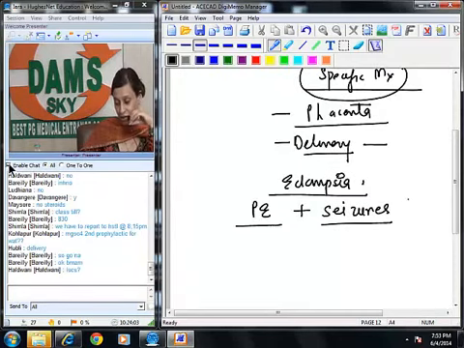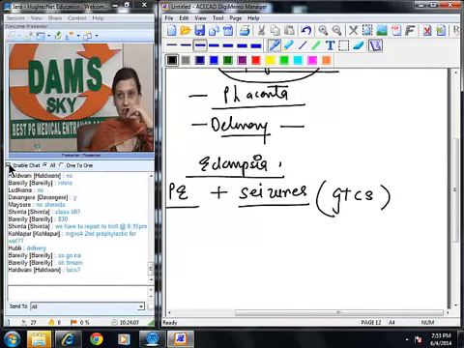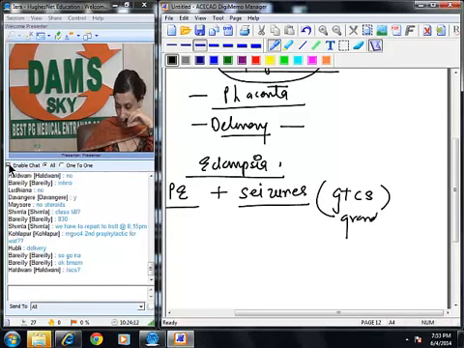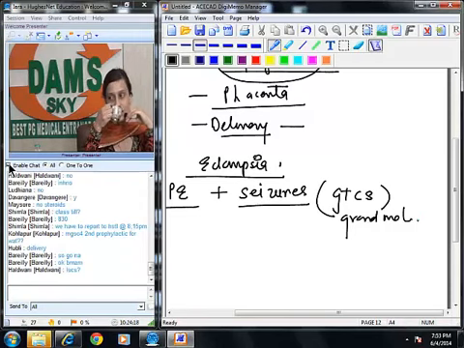Now I come to your question of what kind of seizures these are. These are GTCS, generalized tonic-clonic seizures, also called grand mal seizures, right?